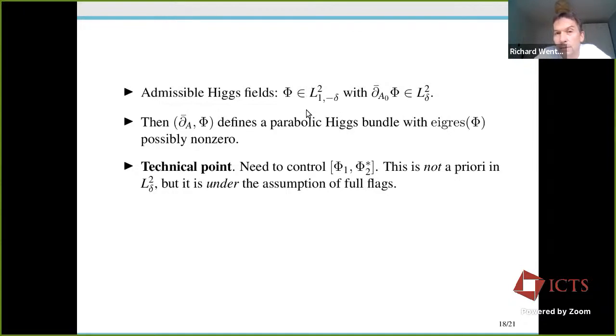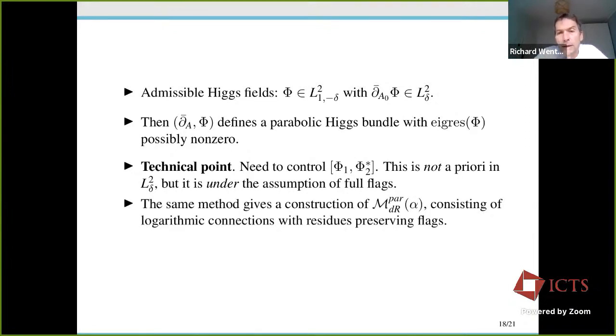Okay, and in general, this does not seem to be true. All of this makes sense in the general setup, but this commutator, and other nonlinear terms that appear when we do the analysis, do not seem to be in L2 delta in general, but they are if we make the assumption of full flags. So the full flag assumption really is a very natural one from the point of view of the analysis.